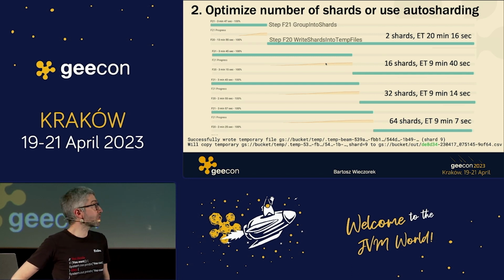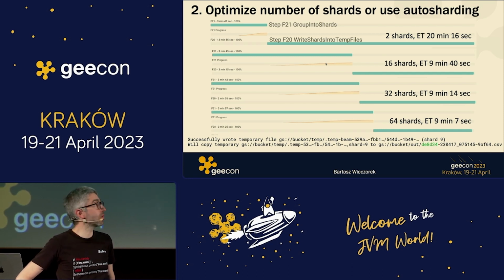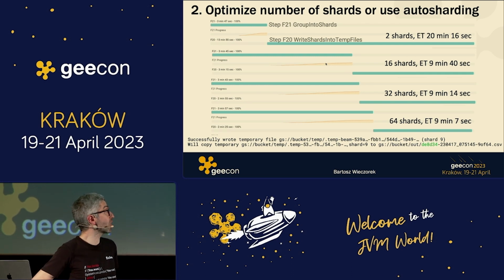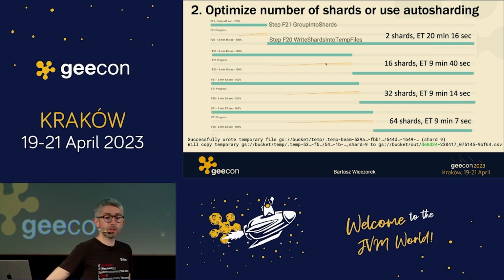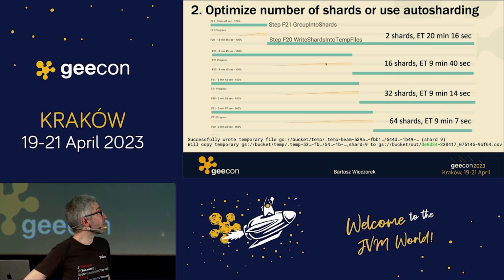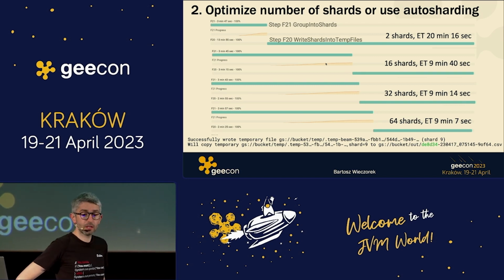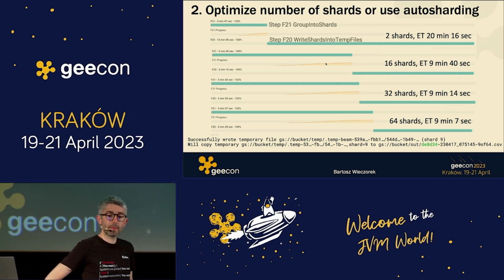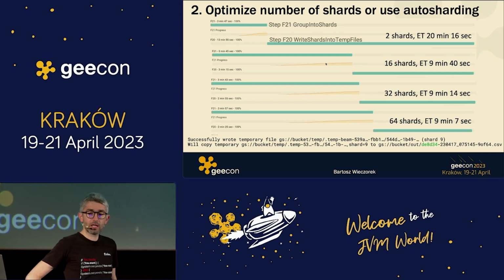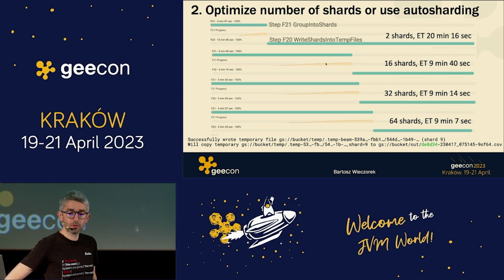And we've got 16 cores, and only writing to two shards is not a good idea because the overall pipeline execution will be 20 minutes. So I did the multiplication of the number of cores, and you can see that with exactly the number of cores as shards, the pipeline execution time dropped to 9 minutes.